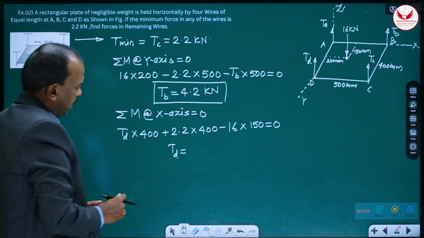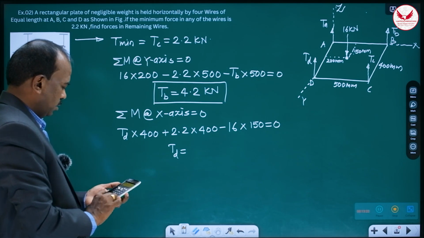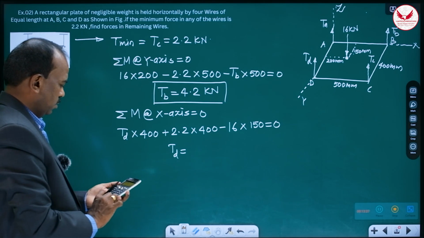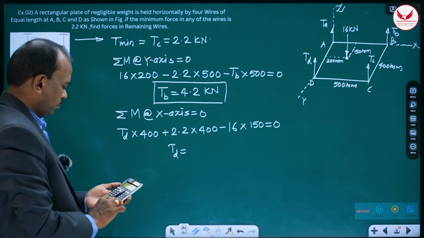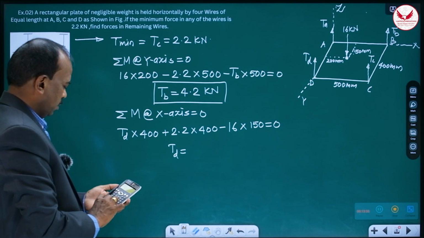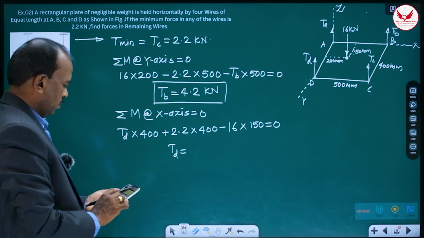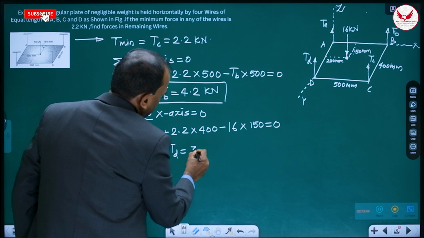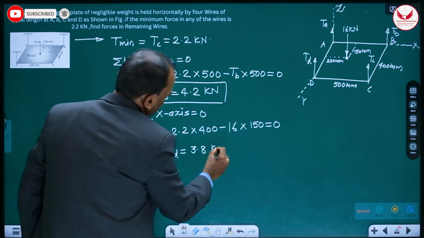So this also we can make easily the calculations. It is 3.8. TD is 3.8 kilonewton.